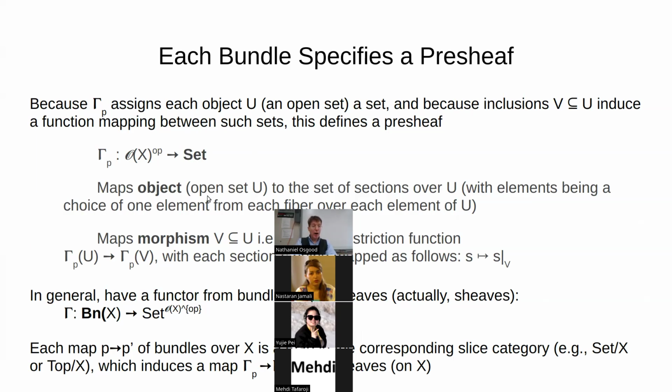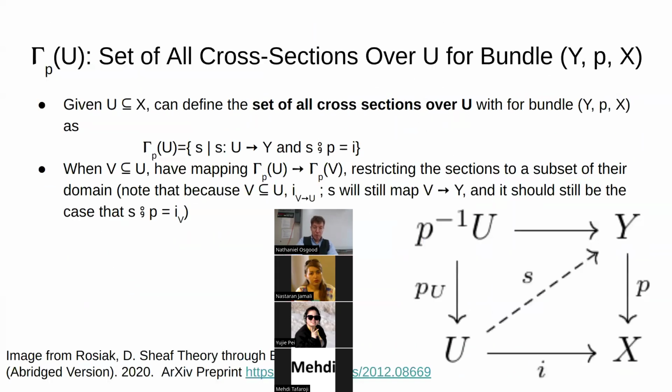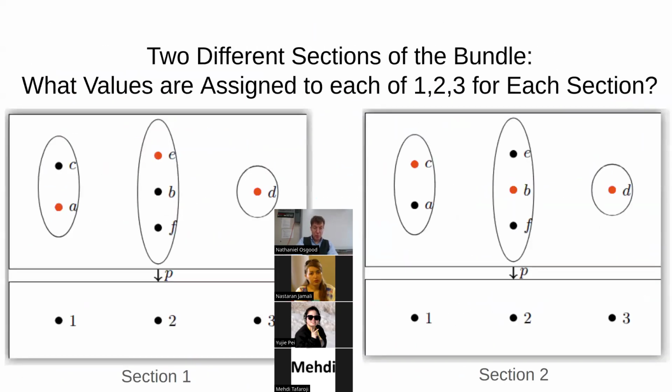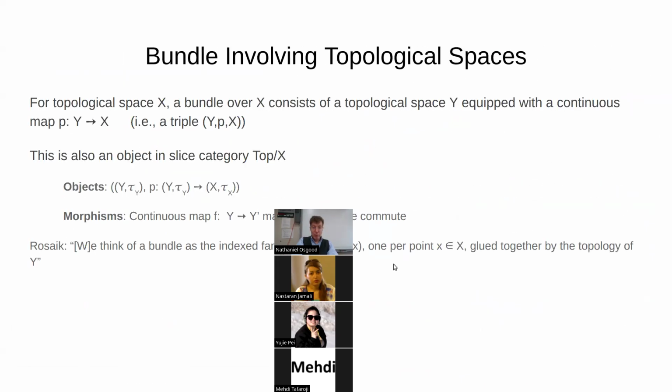But I do want to highlight this actually is itself a sheaf. This is not just a pre-sheaf. It's a sheaf. And it reflects some of those properties we were talking about before.